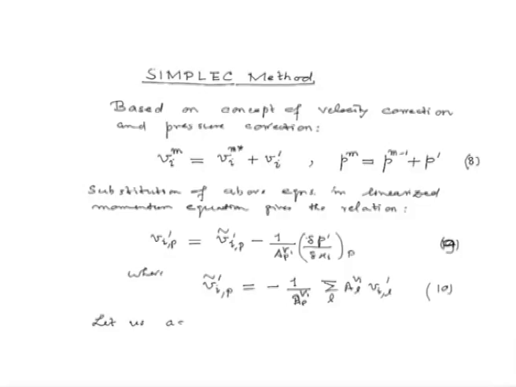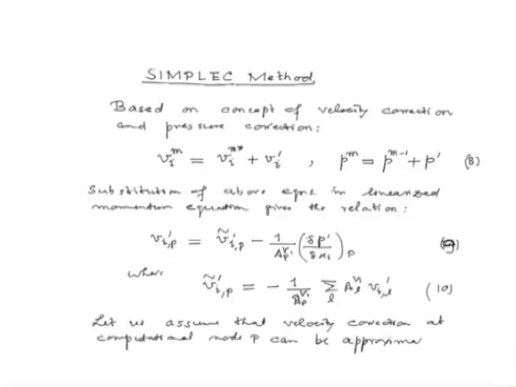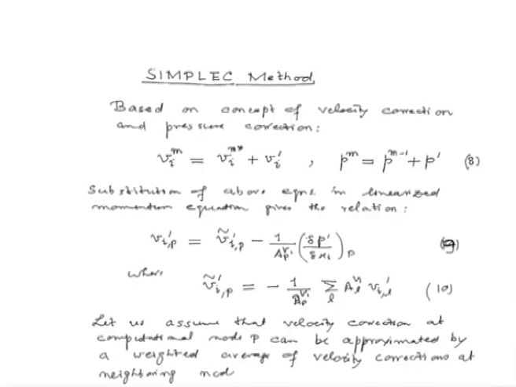So, let us assume that the velocity correction at the central node, or computational node P, can be approximated by a weighted average of velocity corrections at neighboring nodes.